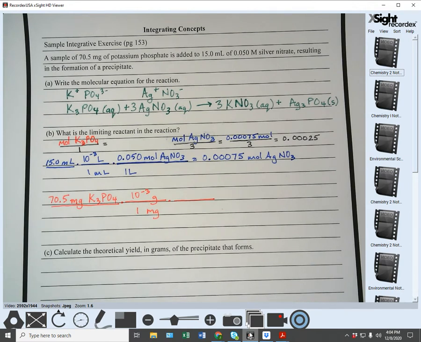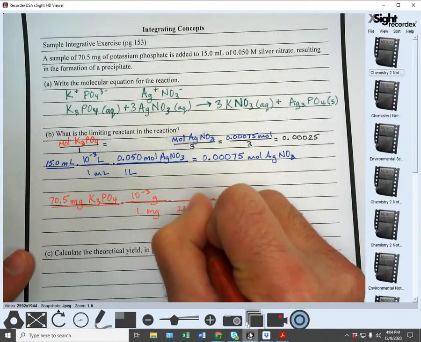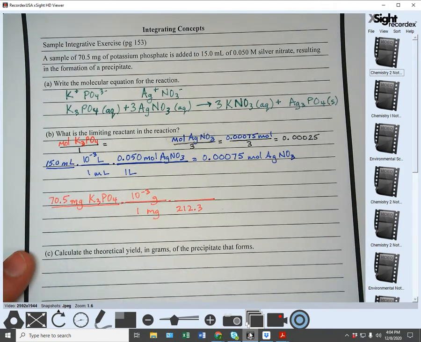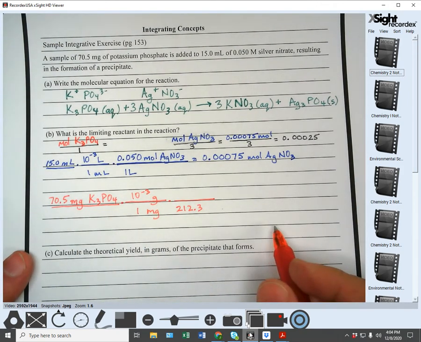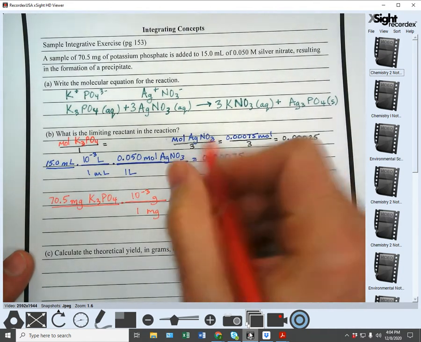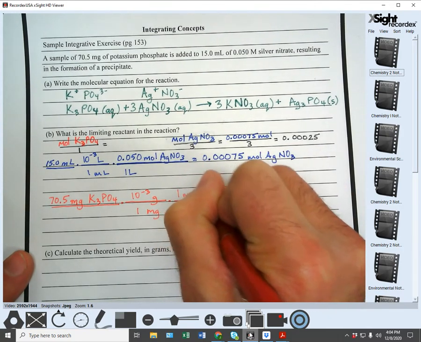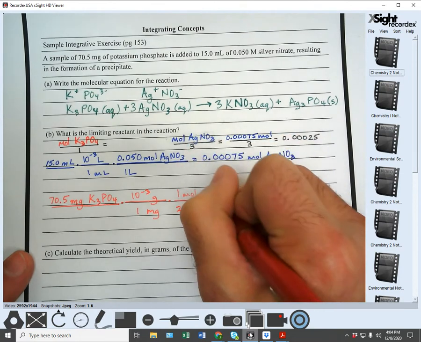So that's, let's see. Phosphorus is 31. Oxygen is 16. So we get 212.3 because potassium is 39.1. 212.3 grams for 1 mole. Remember, we're talking about the K3PO4.